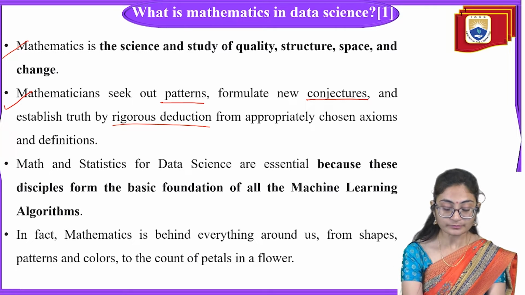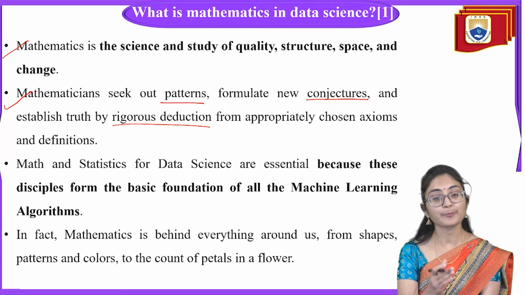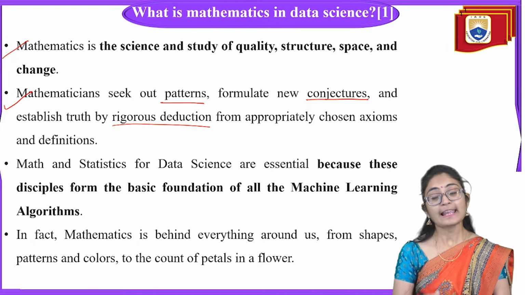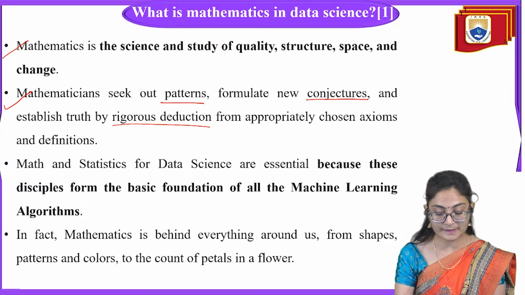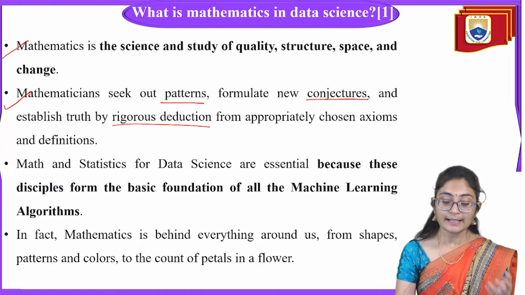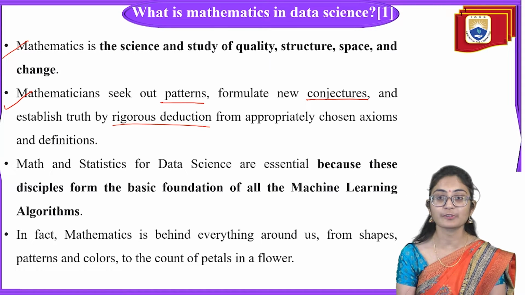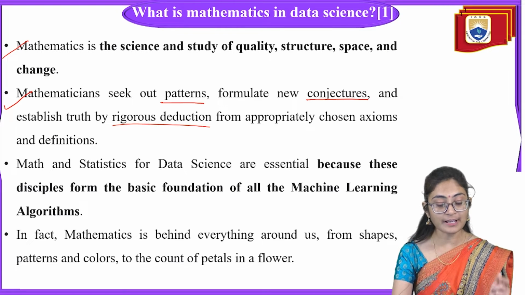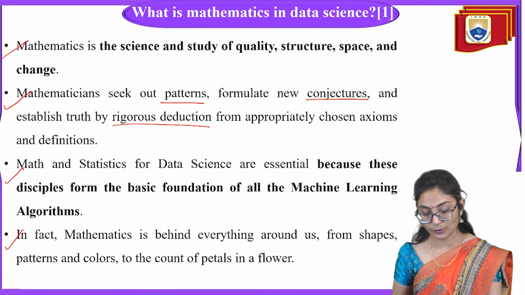In fact, mathematics is behind everything around us, from shapes, patterns, and colors to the count of petals in a flower. Mathematics contains shapes, qualities and structure, and it is used in machine learning algorithms. That's why we use mathematics and statistics in data science.